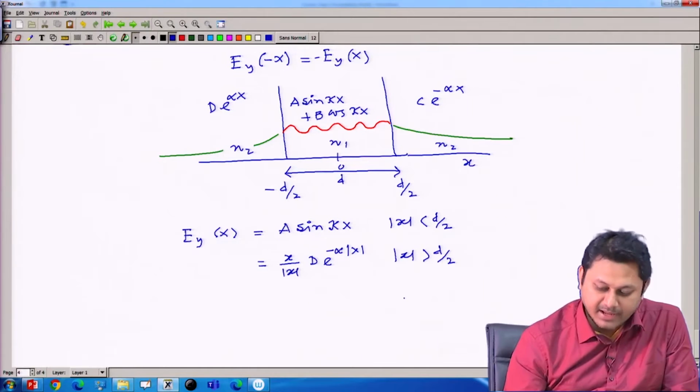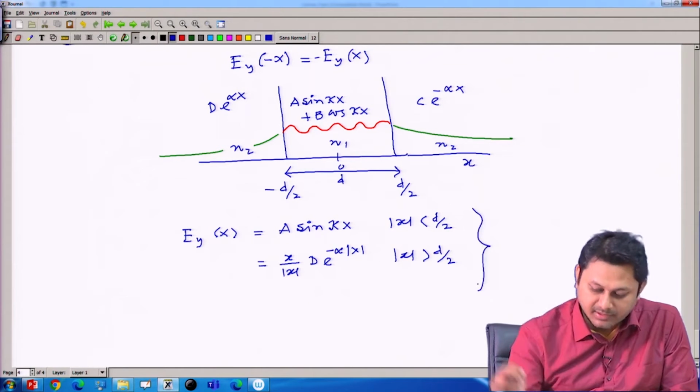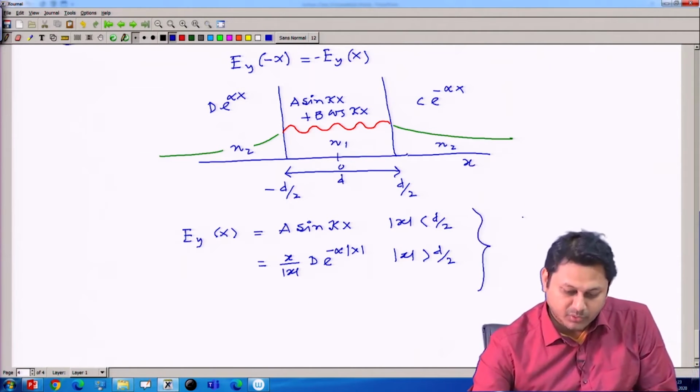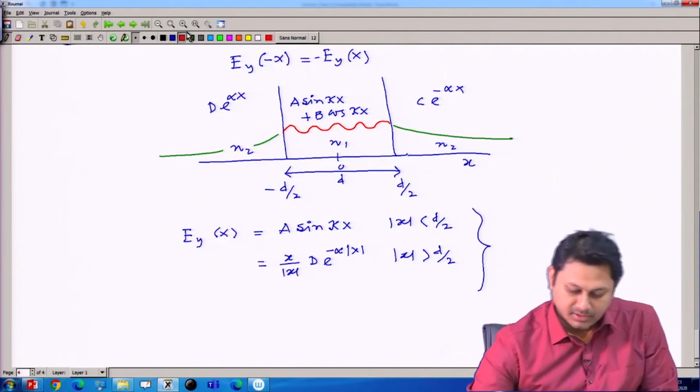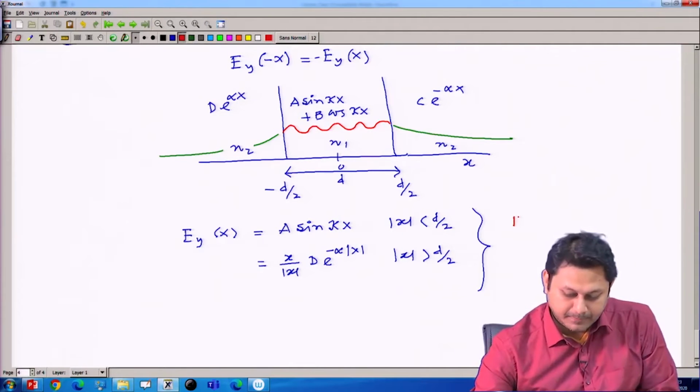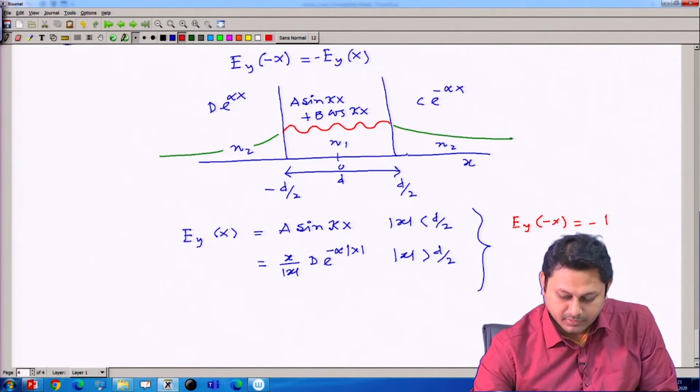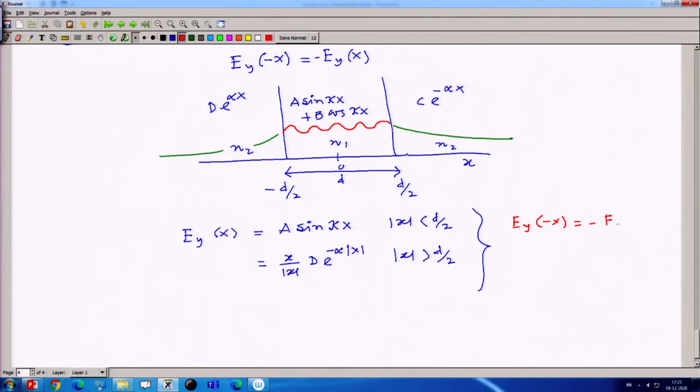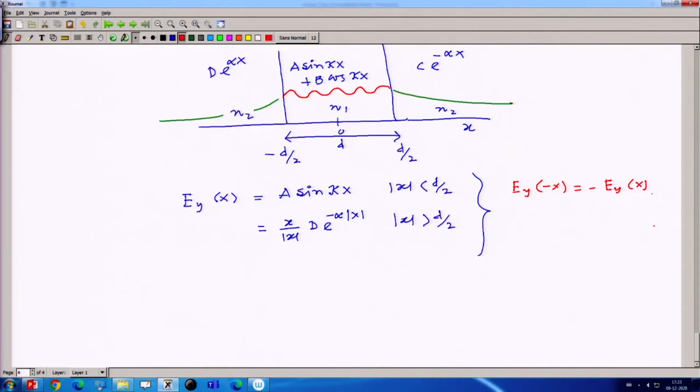So both these solutions follow the condition that E_y of minus x is equal to minus E_y of x. Okay, so that is the solution.